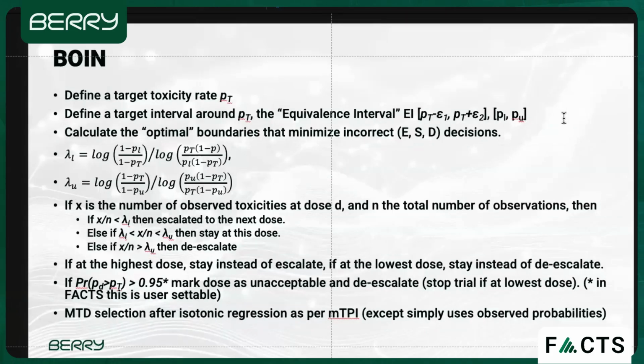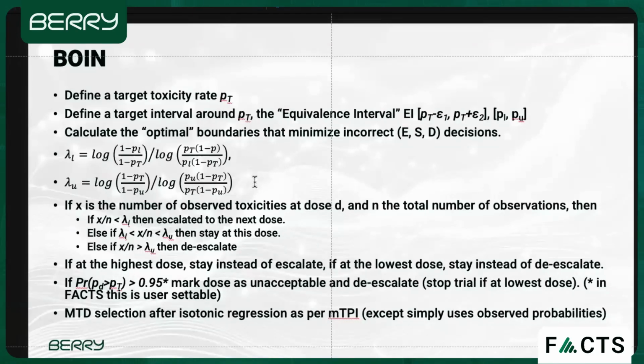Mine starts off the same way, and it's going to use the same decision rules as the i3+3. It uses the same X over N, except it doesn't bother to look at X minus 1 over N if you're above the upper bound. You simply de-escalate.